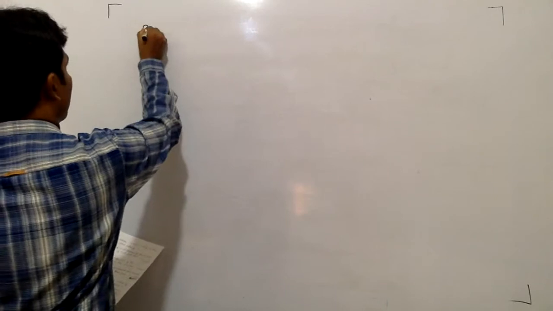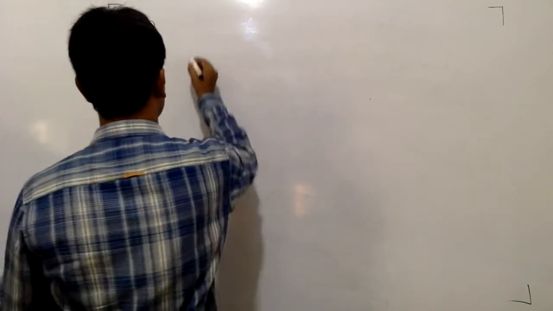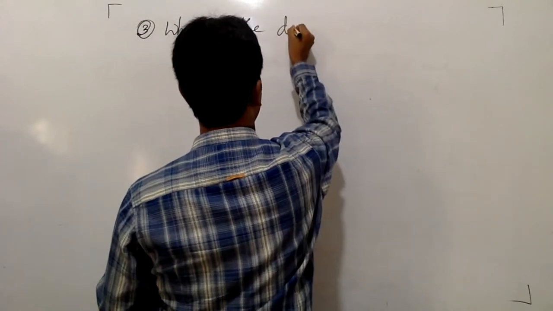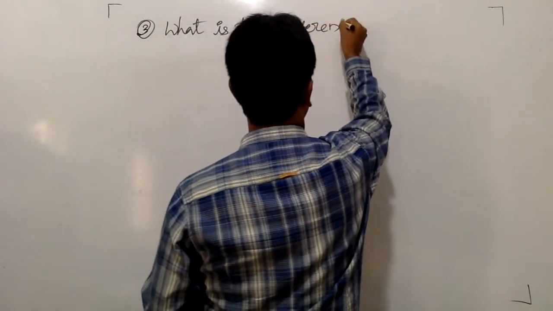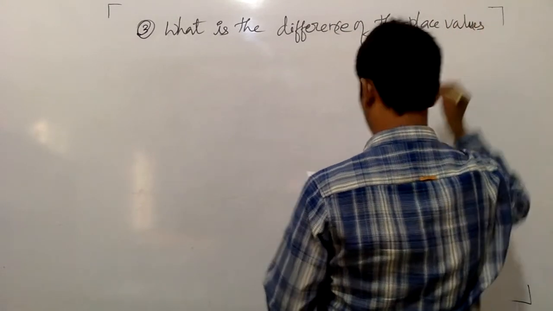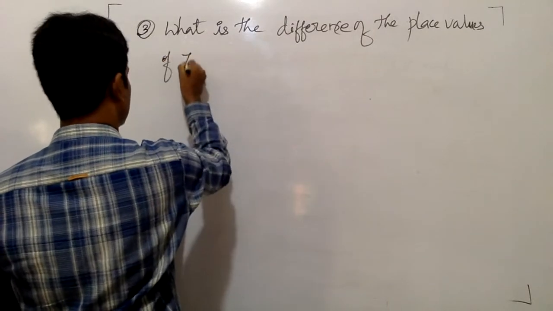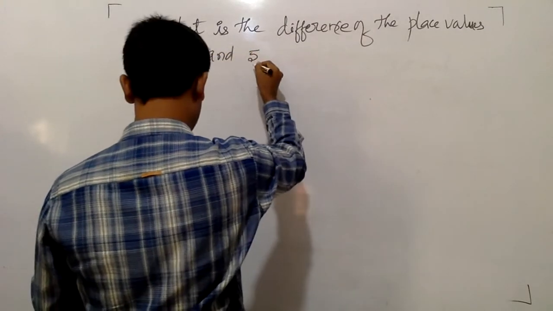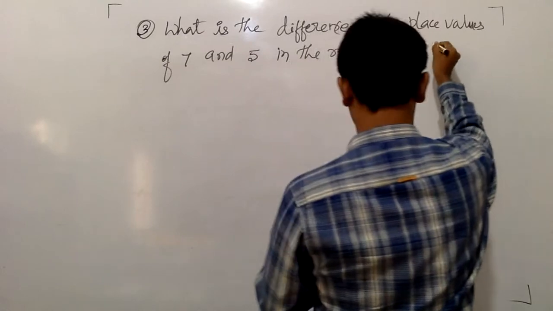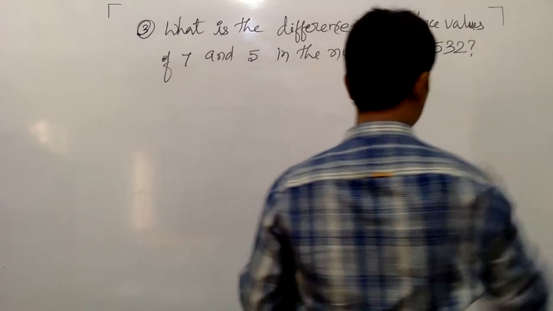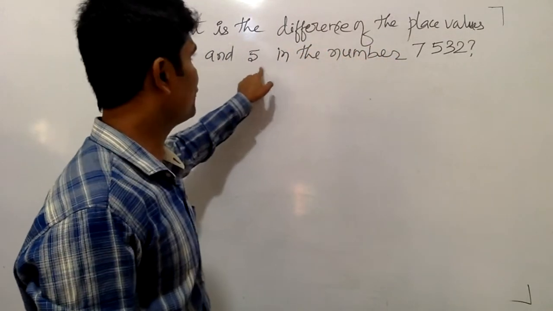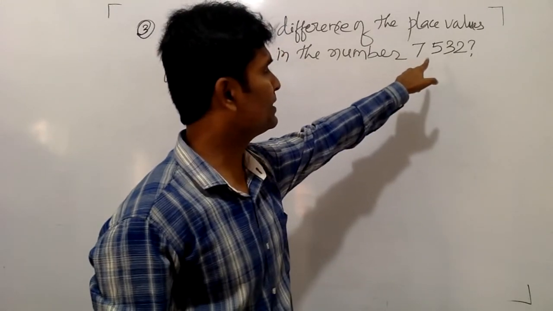Next problem. What is the difference of the place values of 7 and 5 in the number 7532?